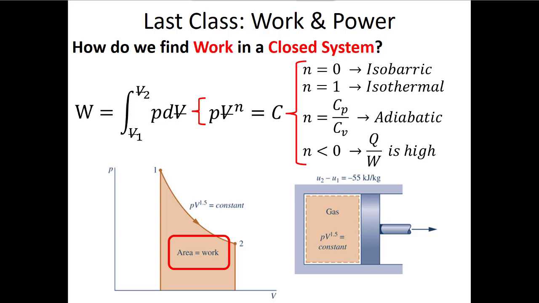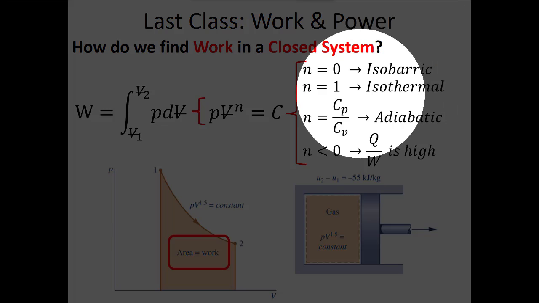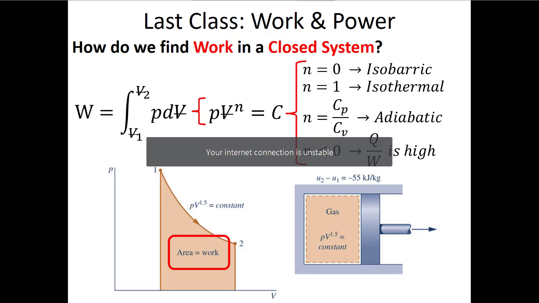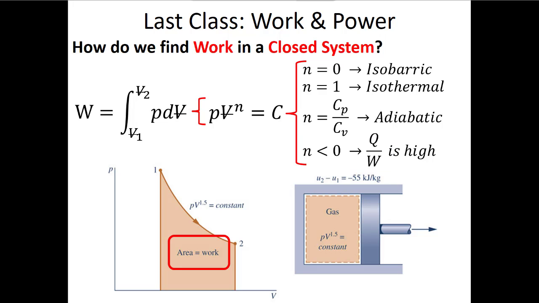So now we have different values of n. If n is equal to 0, we have an isobaric process, meaning that the pressure is constant. If n is equal to 1, we have an isothermal process, where the temperature is constant. If n is equal to Cp over Cv, that tells us that the process is adiabatic.